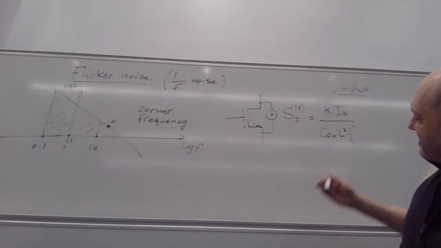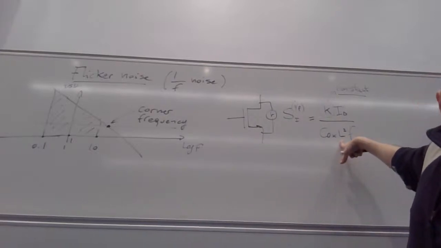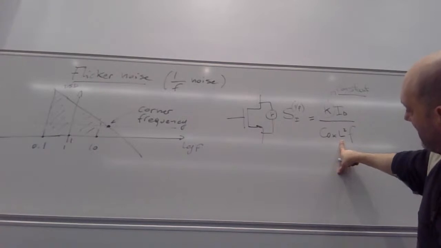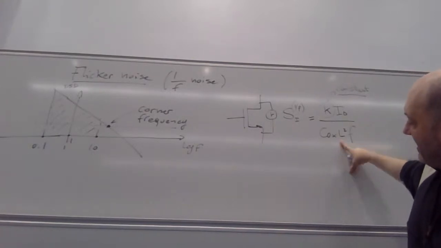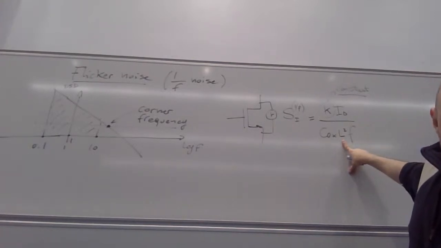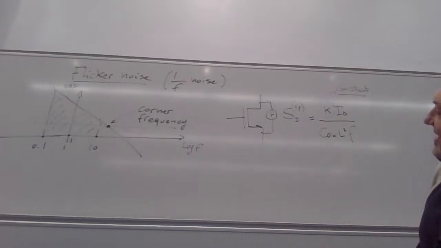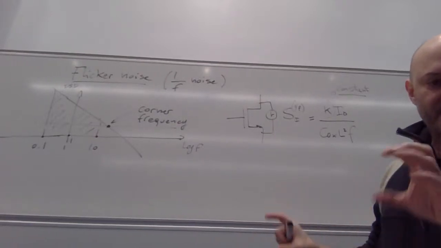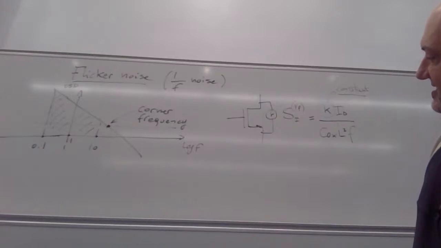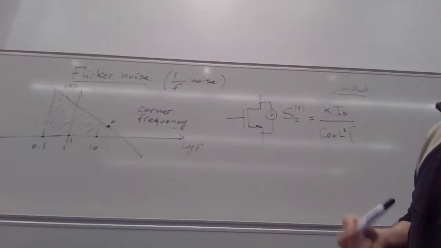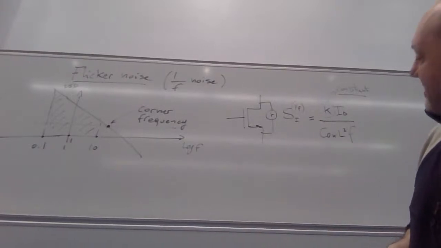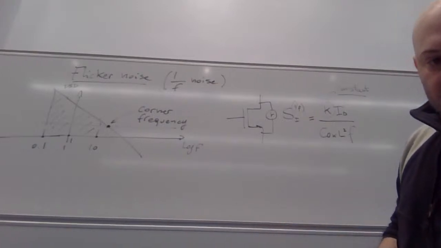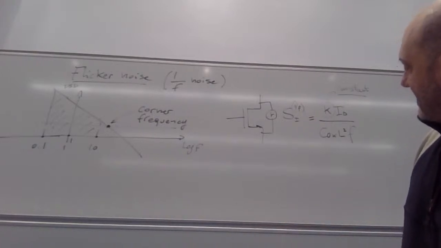Now, it's also quite interesting that it depends on the length of the channel there. And the reason why it depends on the length of the channel is because when you build a MOSFET, the substrate has some kind of defects, and these defects introduce electronic states in the channel, and electrons will be captured and released by these states.